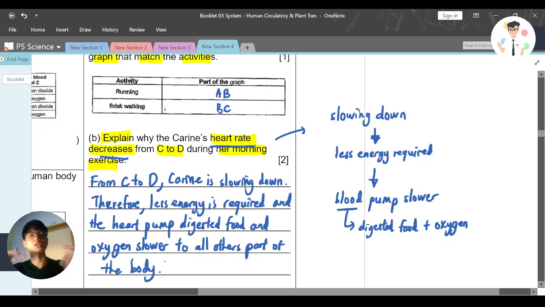So that's basically the train of thoughts that you're supposed to have. Slow down, less energy required, so the heart pumps the blood slower.